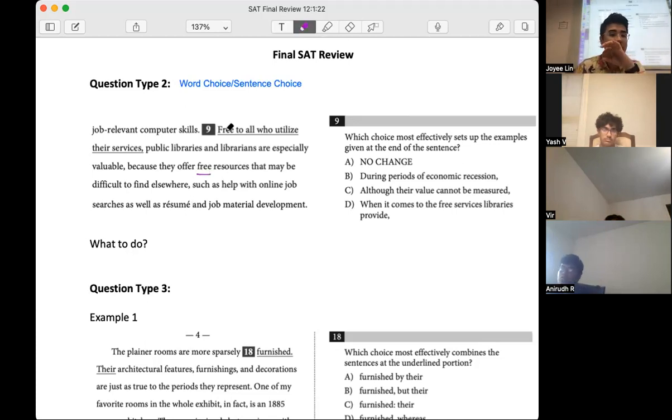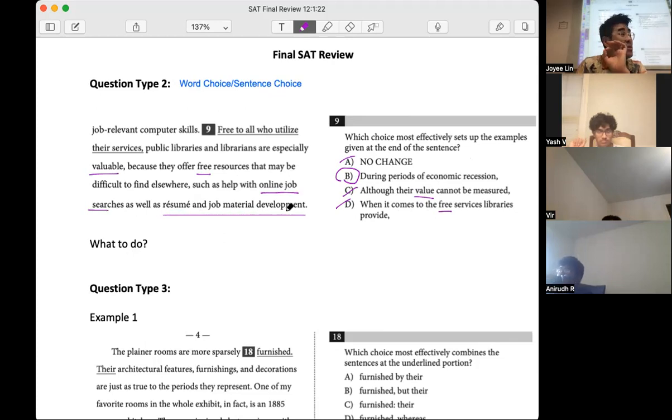A lot of times with these sentence choice ones, I finish reading the paragraph. Their value cannot be measured. They are especially valuable. That's contradictory, right? That's the literal contradiction when it comes to the free services. So this one's actually easy, but they're not going to make it that easy. This one says set up the examples at the end of the sentence. What are the examples? Online job searches, resume, and job material development.